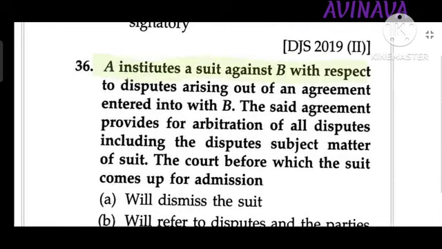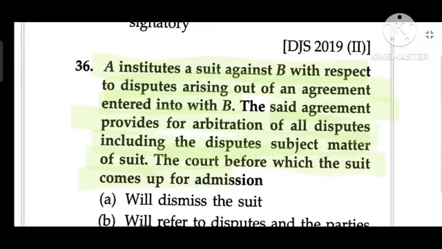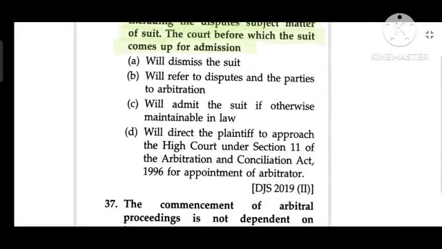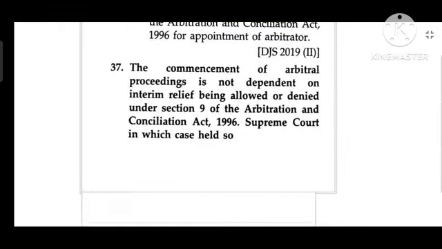A institutes a suit against B with respect to a dispute arising out of an agreement entered into with B. The said agreement provided for arbitration of all disputes, including the dispute that is the subject matter of the suit. The court before which the suit comes up for admission will admit the suit if otherwise maintainable in law.